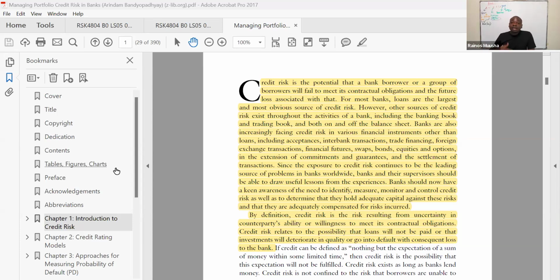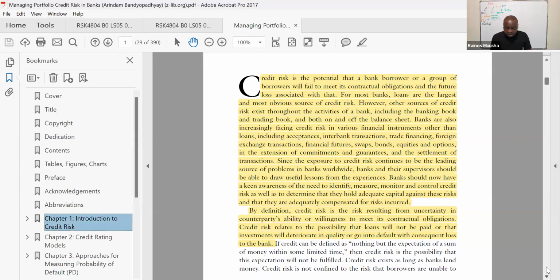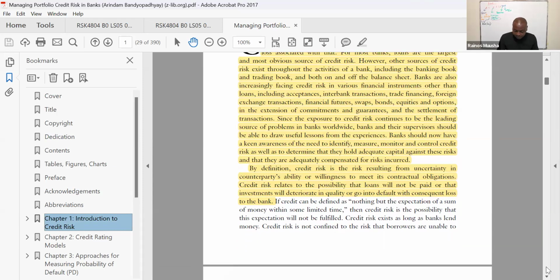So here they say, by definition, credit risk is the risk resulting from uncertainty in the counterparty's ability or willingness to meet its contractual obligations. Credit risk relates to the possibility that the loans will not be paid, or that the investments will deteriorate in quality or go into default, with consequent loss to the bank.